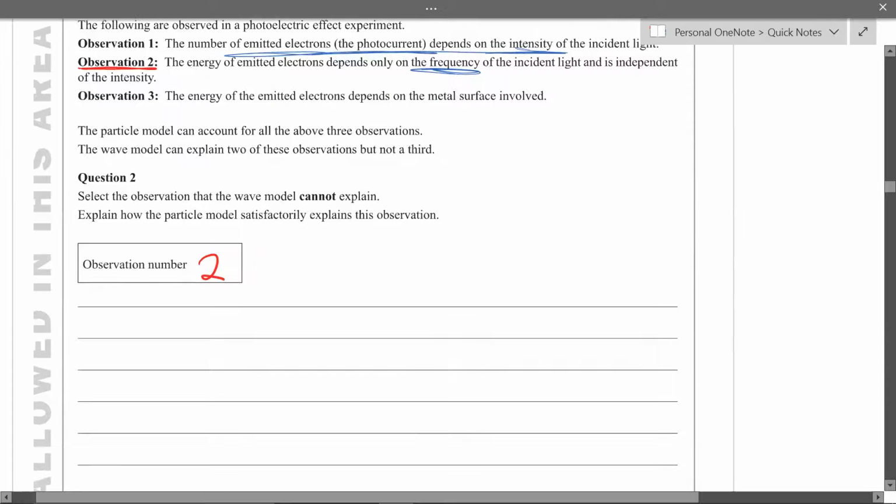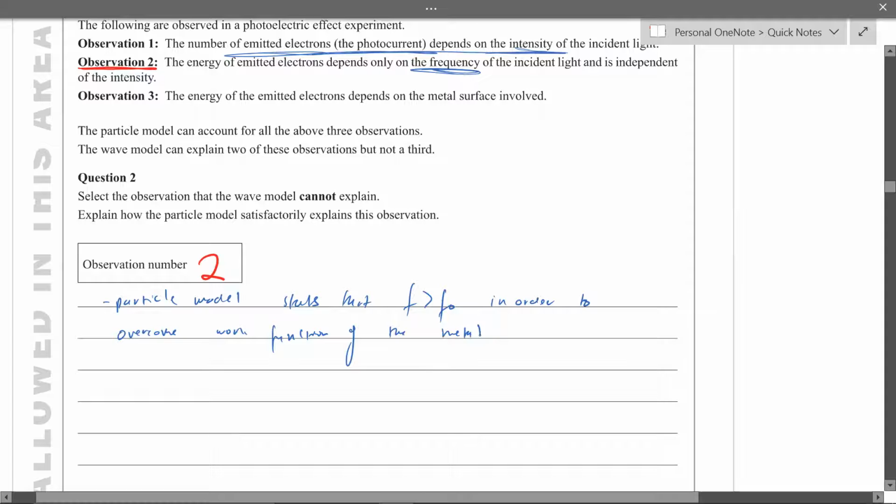This question, as I said, 2 is the wrong one, because it's for how the particle model explains this. The particle model states that f must be greater than f0 in order to overcome the work function of the metal.